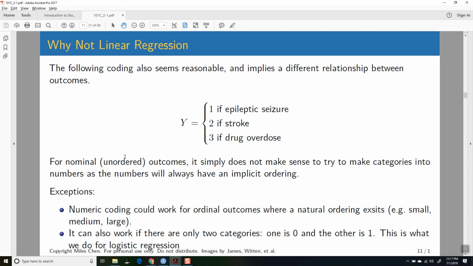And so, when you've got categories that don't have an implicit ordering or an implicit arrangement, it doesn't make sense to turn them into numbers and predict them numerically, okay?